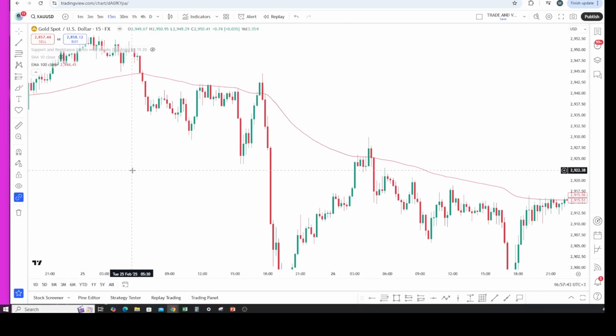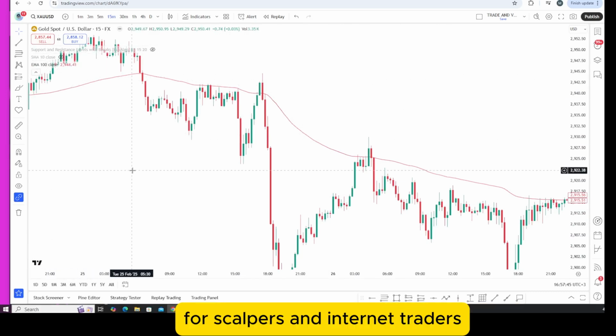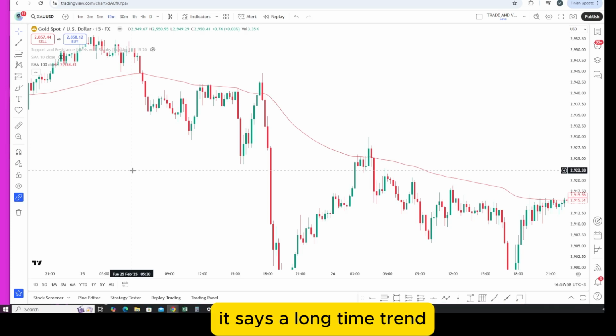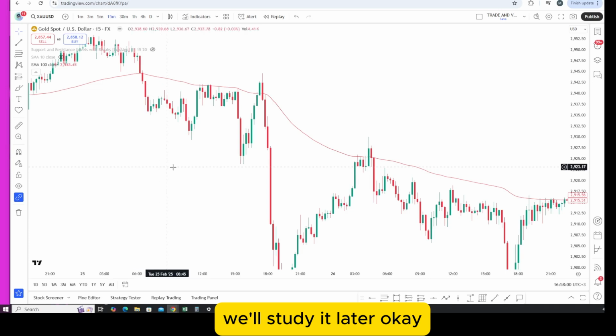For scalpers and intraday traders, they use small moving averages, and the swing traders and long-term investors will use the simple moving average above 200. It's a long-term trend. We'll study it later.